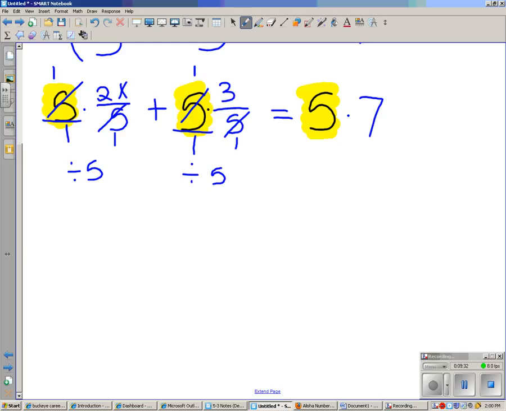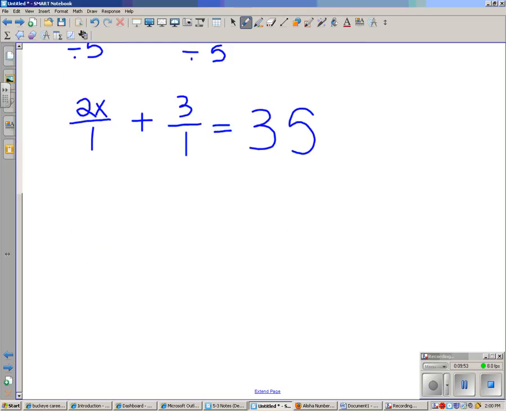So I'm left with 2x on the top, 2x times 1 over 1, plus, what's left here? 3 over 1 equals, well, anything over 1 is just, yeah, it's just 2x plus 3 equals 35. Can you solve this one?